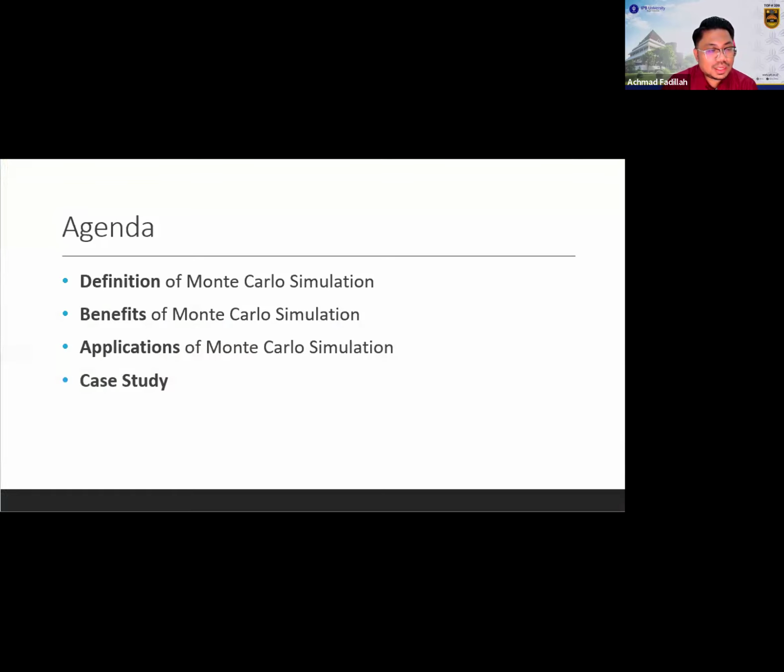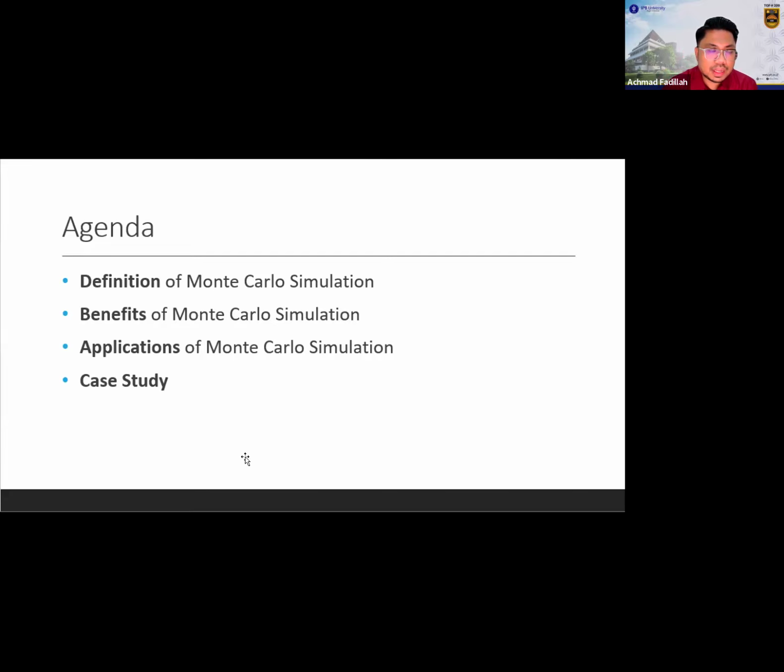Okay, continuing with the agenda for today's course. We will learn about the definition of the Monte Carlo simulation. Several students ask us, as a lecturer, what the benefit is after we learn about the Monte Carlo simulation. That's a very good question. Not only can you understand the materials of the course, but you can also use this for your final bachelor thesis, for example, or for your internship program.